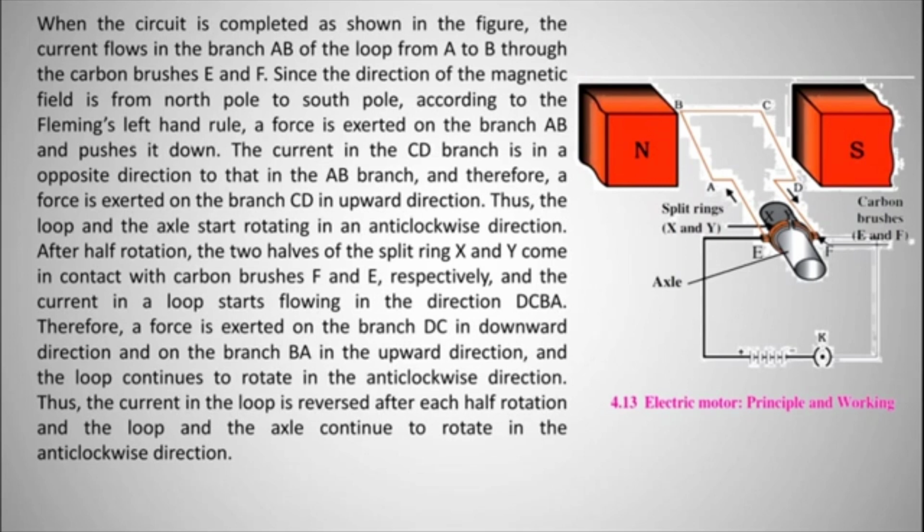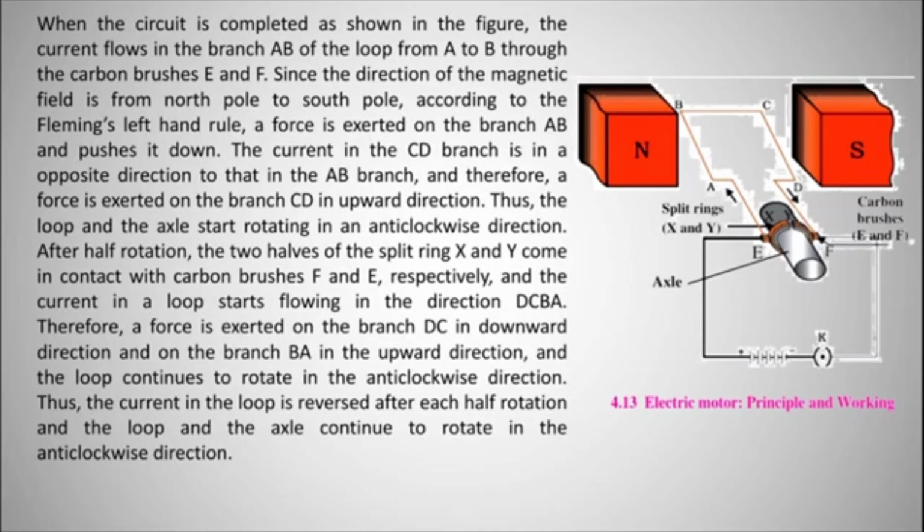Since the direction of magnetic field is from north pole to south pole, so according to Fleming's left hand rule, a force is exerted on the branch AB and pushes it down.